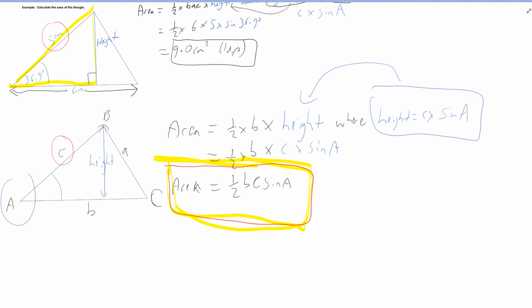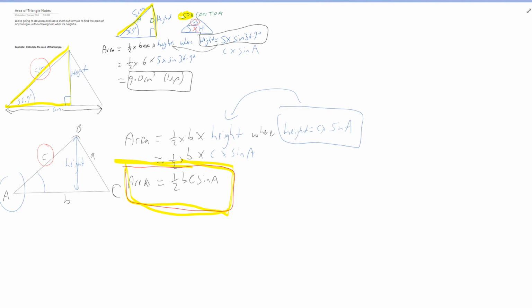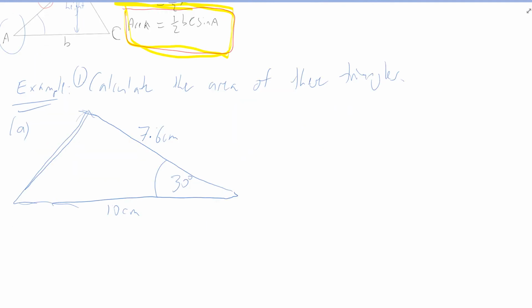Okay, so let's have a go at an example. Okay, so here we go. Calculate the area of these triangles. So triangle A has an angle of 30 degrees, and we've got two sides of 10 centimeters and 7.6 centimeters. So step one is we label the corners using the ABC method. I reckon it's easiest if you just always label the given angle as capital A. You don't actually have to do that, but it's a nice simple way to remember it.